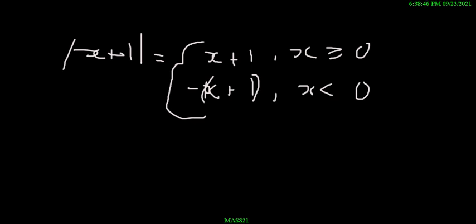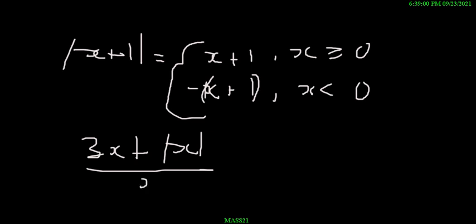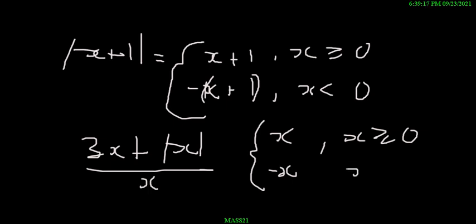And let's say we have another one, let's say 3 plus the modulus of x over x. For this one, the modulus is only on x. So to make the piecewise, it's just going to be x and negative x, with the conditions that x is greater than 0 and x is less than 0.